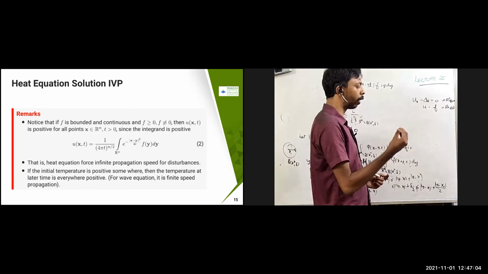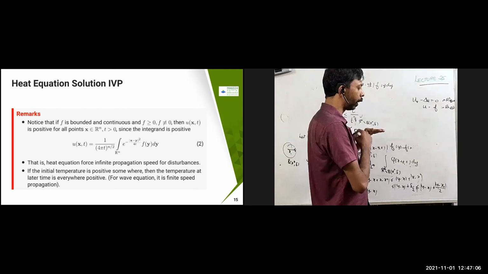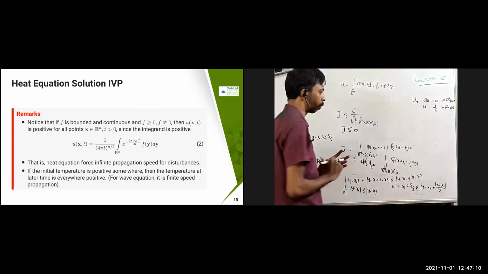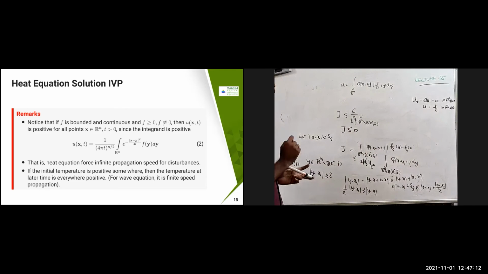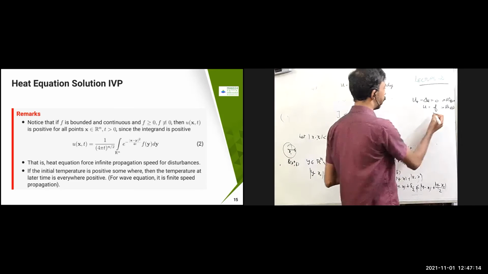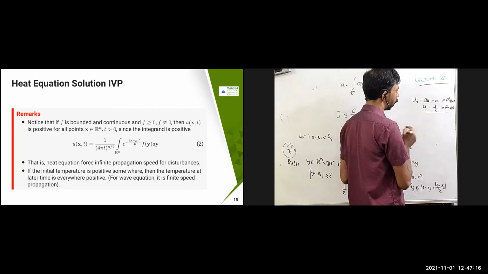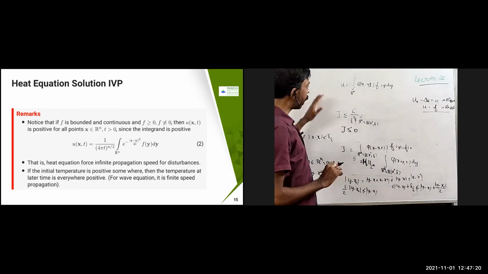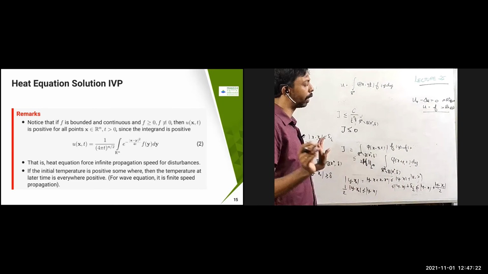The heat equation has infinite propagation speed for disturbances. It is going to affect all the places. That means if the initial temperature is positive somewhere, then the temperature at a later stage is going to be positive everywhere.